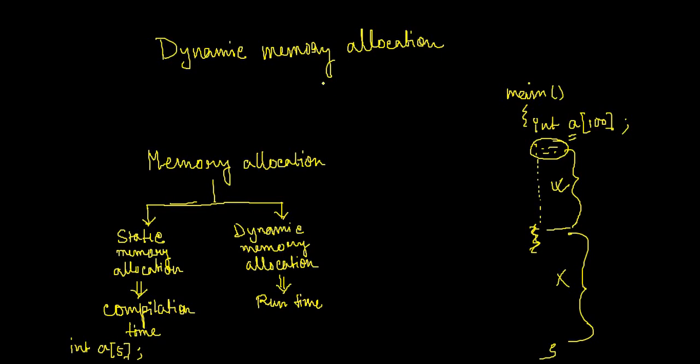To declare a variable using dynamic memory allocation, the first thing that we require is a pointer. Okay, so let's see how until now we are habituated to declare an array. We are habituated to declare an array in this way.